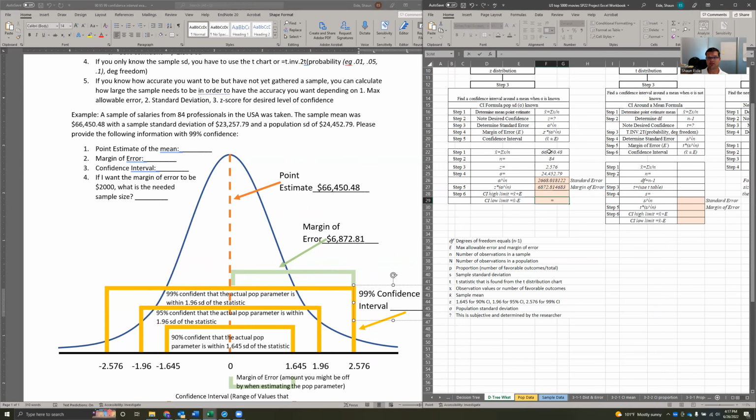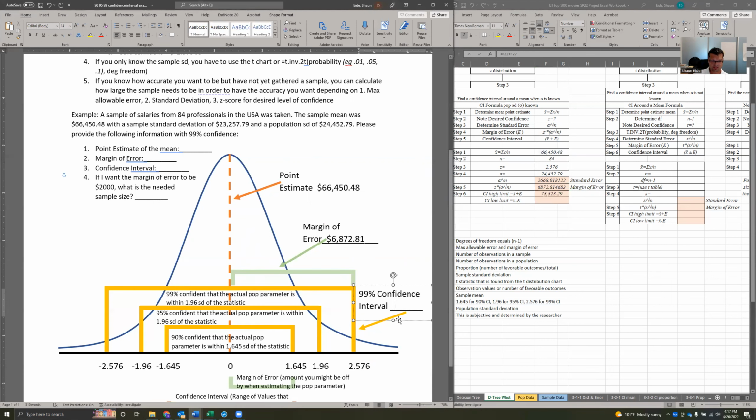So equals plus. Okay, so we've got 73,323.29. It's right here.